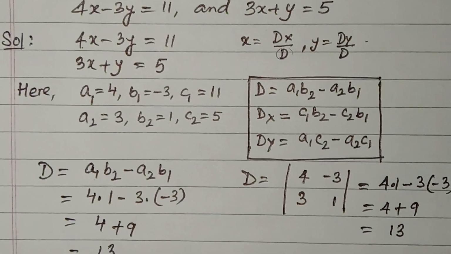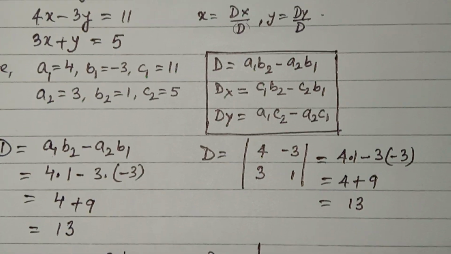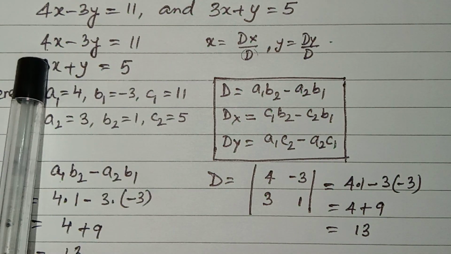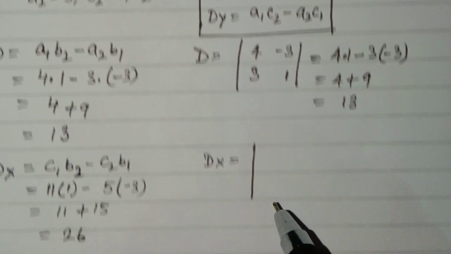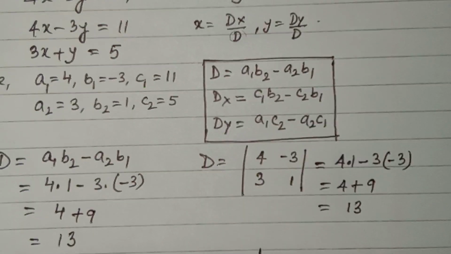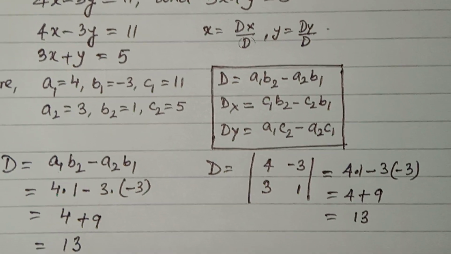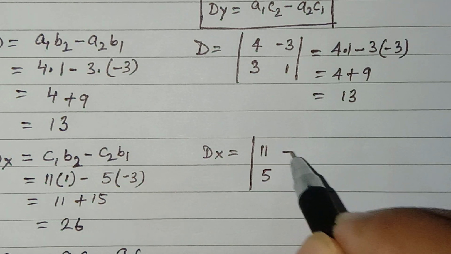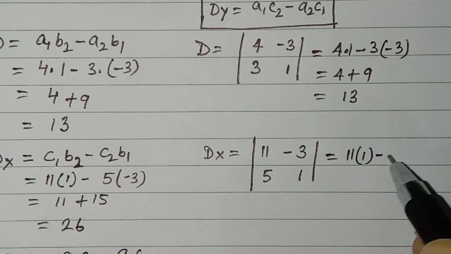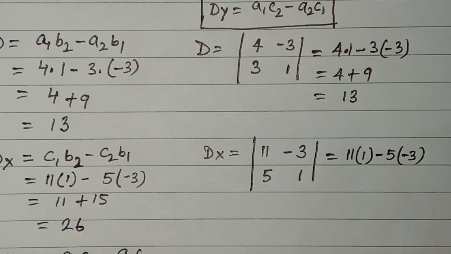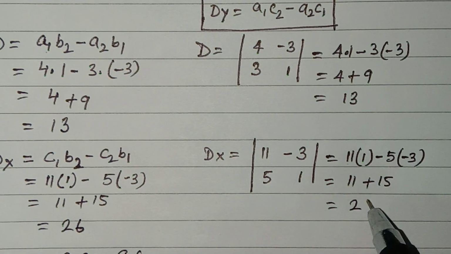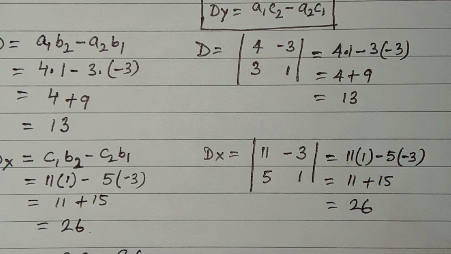So taking the constants and y coefficients, we get 11 and 5 here, and the y coefficients are minus 3 and positive 1. It gives me 11 times 1 minus 5 times negative 3, which is equal to 11 plus 15, which is equal to 26. In this case, both are equal.